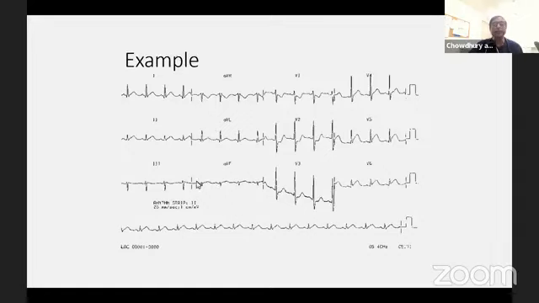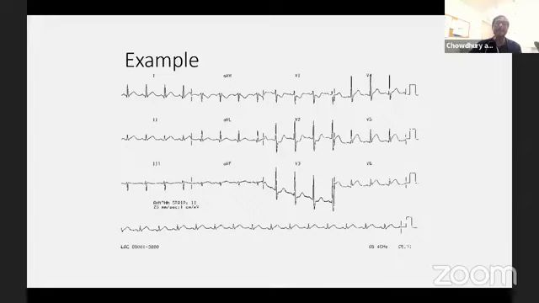And what about this one? Leads 2, 3, aVF don't look like any significant changes. However, there is ST depression in V1, V2, and upright T. This raises isolated posterior. Isolated posterior is not common, usually associated with inferior, but when it is not associated with inferior, we call it isolated posterior.